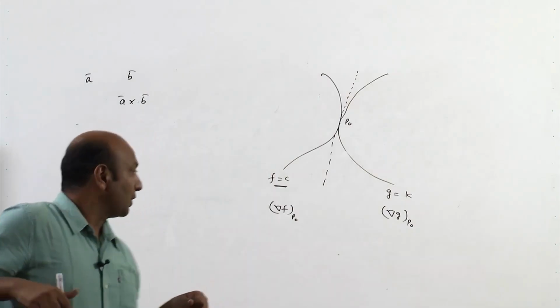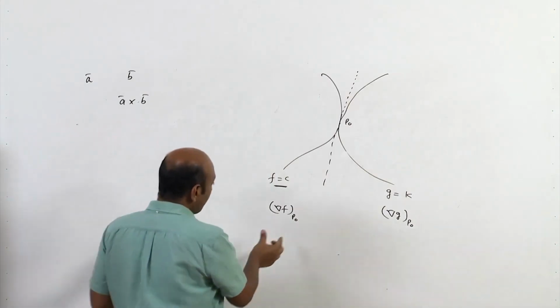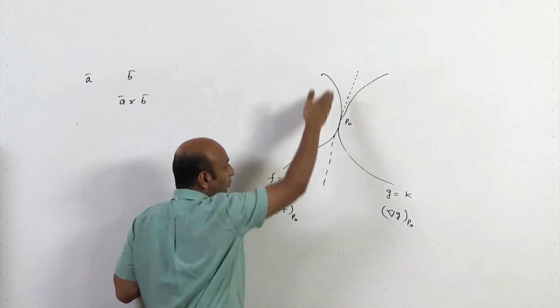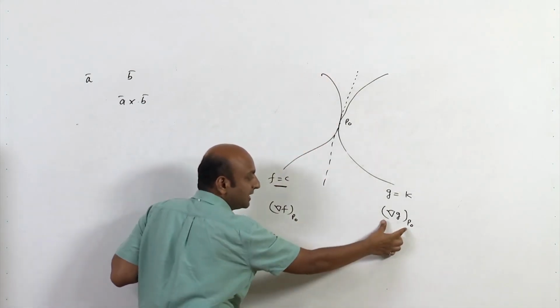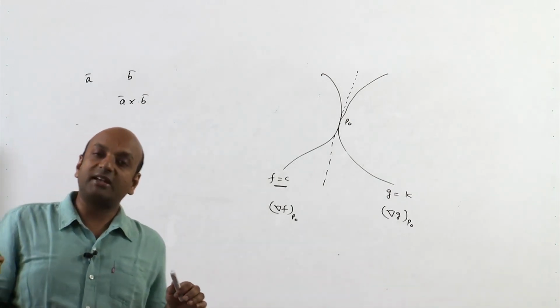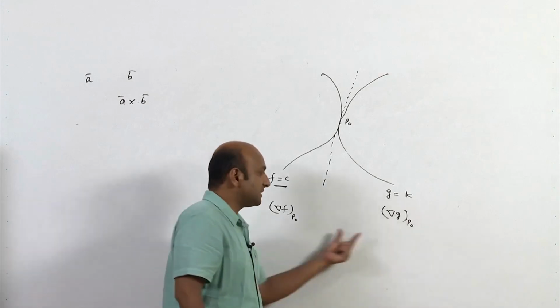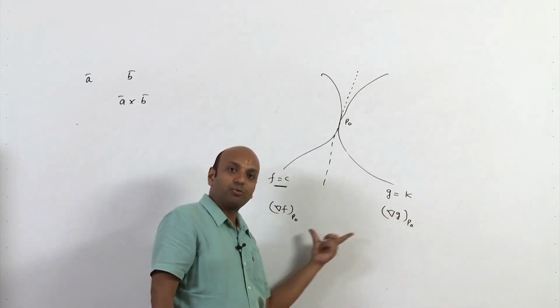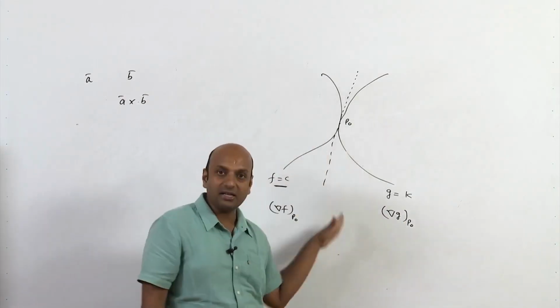Is it clear? Because this is normal vector, normal to f at P naught, so normal to the tangent line also. Similarly, this is also normal to the tangent line at P naught, and the cross product gives a vector normal to both vectors. So the vector obtained by the cross product of these two vectors will be parallel to a tangent line.